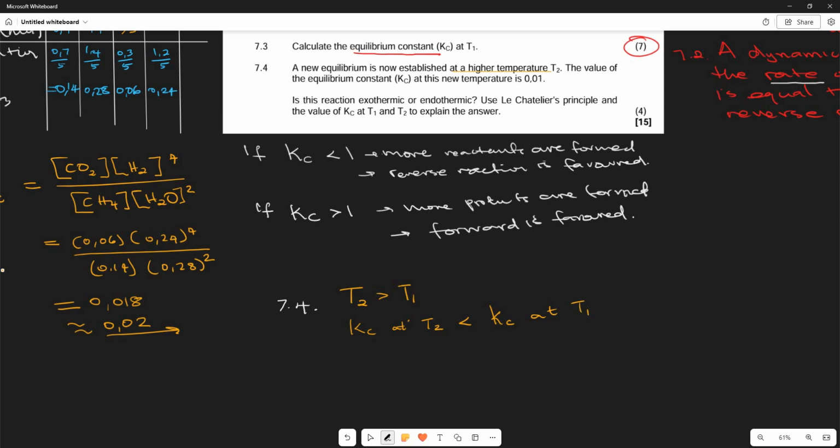So we are observing a decrease in the Kc value. As we increase the temperature, the Kc value decreases.